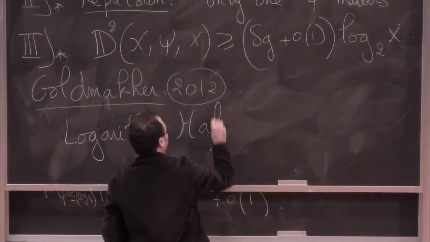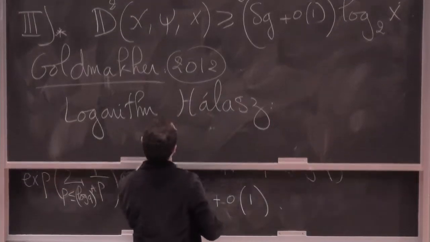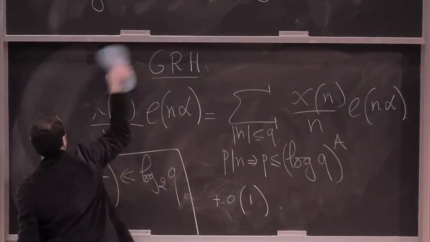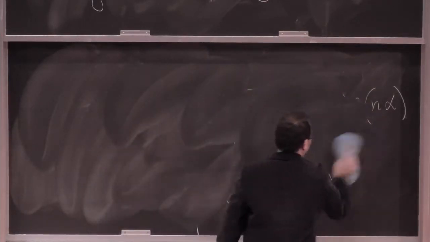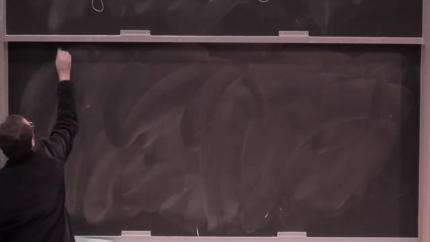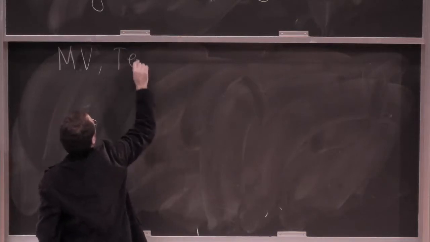And here we are talking about logarithmic summatory functions. So he used a sort of logarithmic Halász, which was proved by Montgomery, Vaughan, with refinements of Tenenbaum.